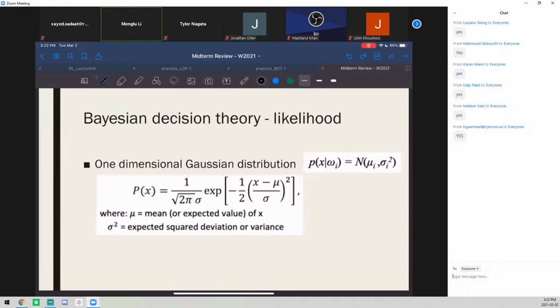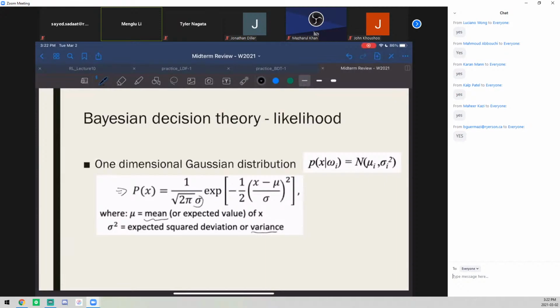If the likelihood is a single-variable, 1D Gaussian distribution, we can write down the probability formula like this one. The mu is the mean, and the sigma is the standard deviation. The sigma square is the variance.